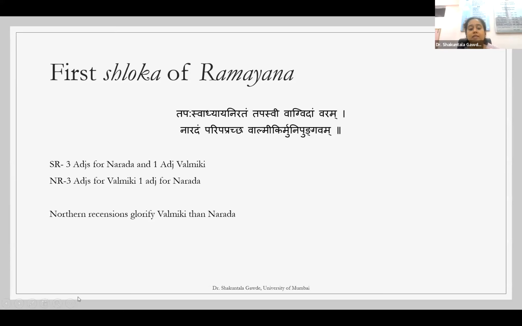So such regional variations are bound to take place in these manuscripts. When preparing the critical edition, one has to analyze all those regional variations, come to a conclusion and accept the right kind of patha.